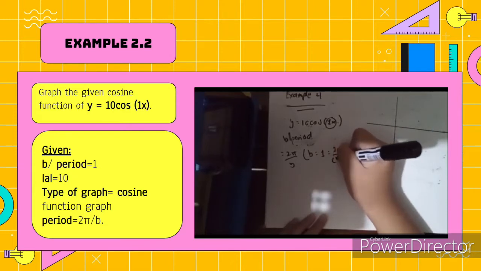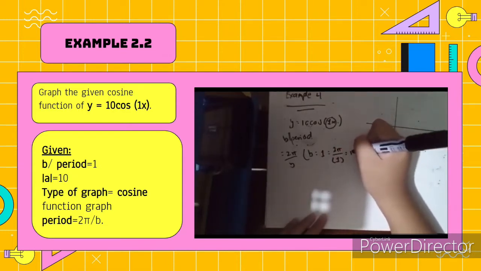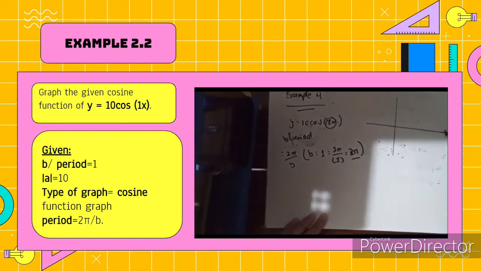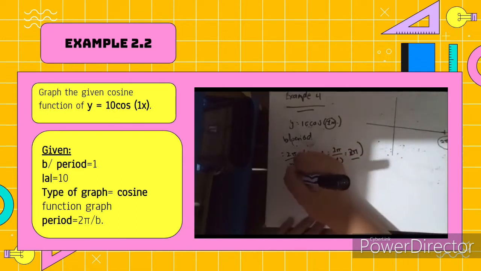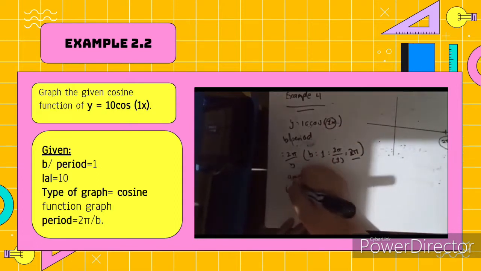The 2 pi will be the value of the end of the cycle. As the given equation is y equals 10 cos 1x, the amplitude will be positive 10. And since the given function is a cosine function graph, it will start on the y-axis at positive 10.